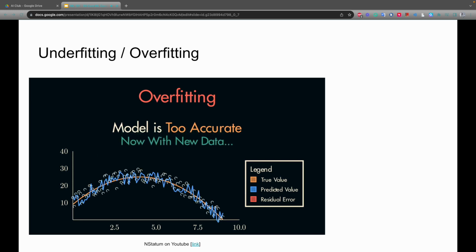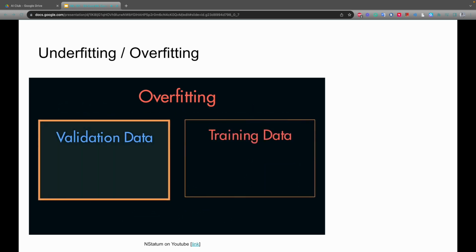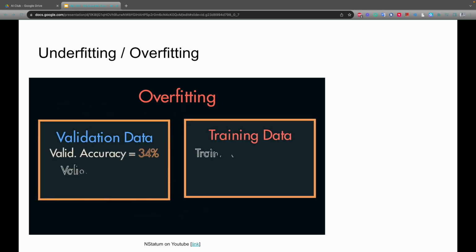This is obviously a problem because our new data will almost certainly not feature the patterns and noise our model uses, and, as a result, new predictions will be markedly less accurate. You can look for overfitting quite easily by comparing the error amounts between training data and validation data. Validation data being data you haven't used to train the model already.